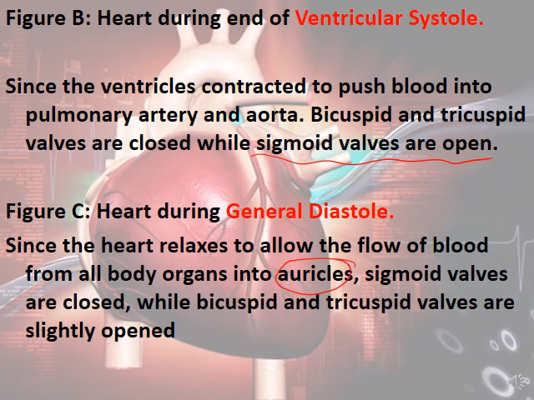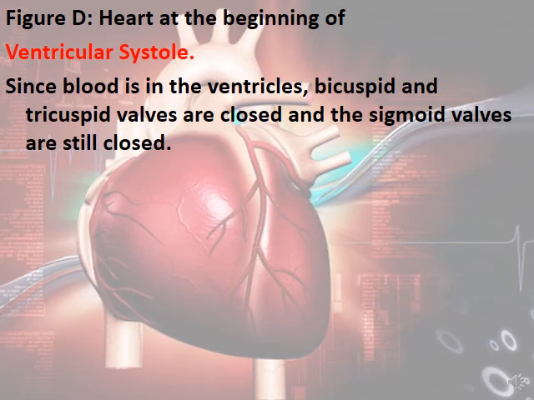Sigmoid valves are closed while the bicuspid and tricuspid are slightly opened. Figure D is showing the heart at the beginning of the ventricular systole where the blood is in the ventricles, bicuspid and tricuspid valves are closed while the sigmoid valves are still closed.